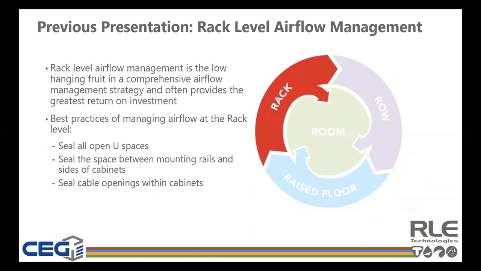One thing we see more and more today than we have seen in the past is taller racks, in excess of 50U, and wider racks, 28, 30, 32 inches wide, and most of those have 19-inch rack mount down the center. So you've got these gaps between your rack mount rails and the sides of the cabinet, and they extend from the bottom of the cabinet all the way to the top.